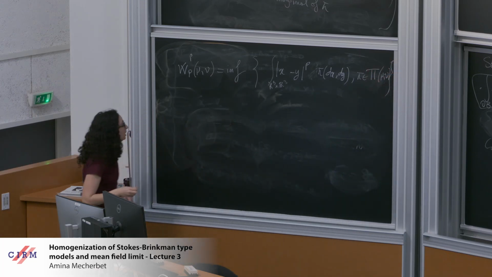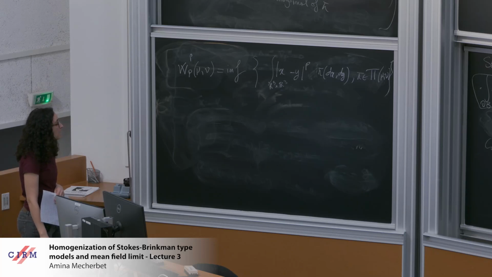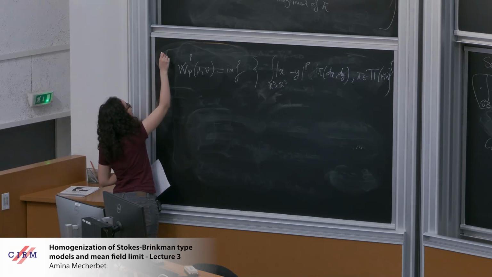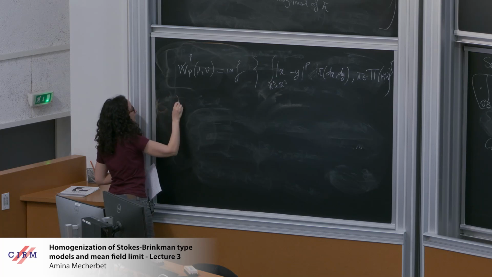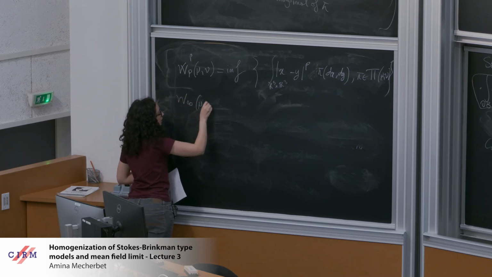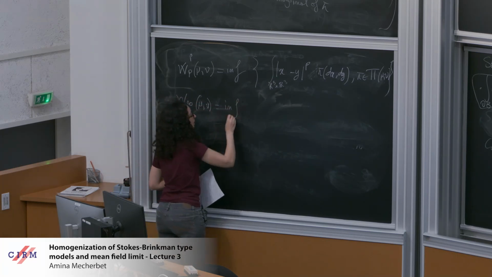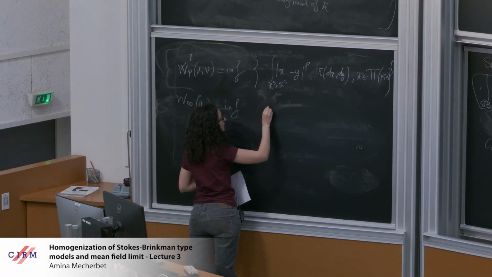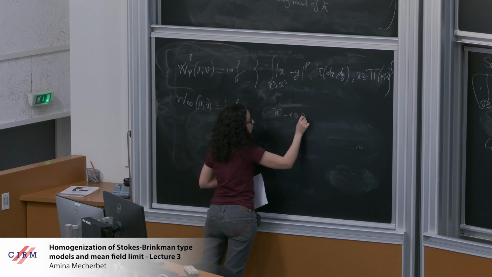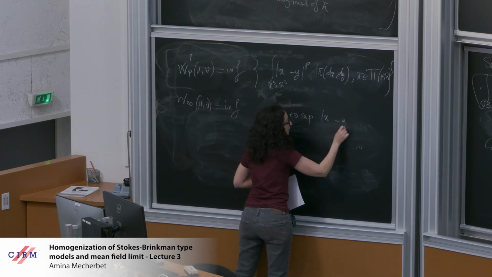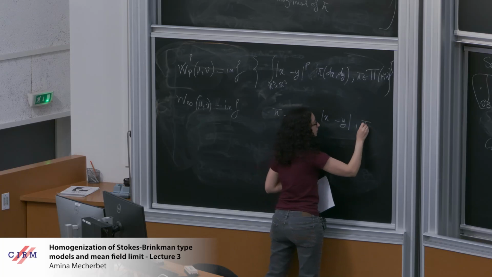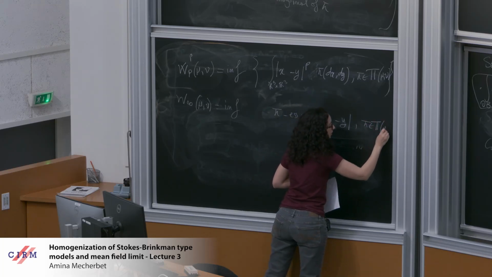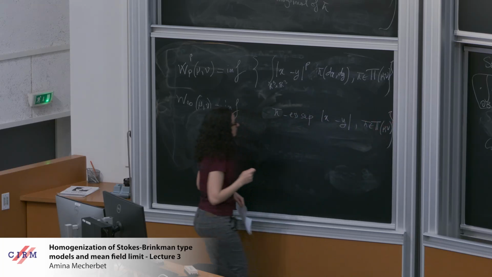Actually, this infimum always exists. This is for finite p, and for p equal infinity, you just minimize the analogue with the infinite norm, so the essential supremum of |x - y| among all transport plans.